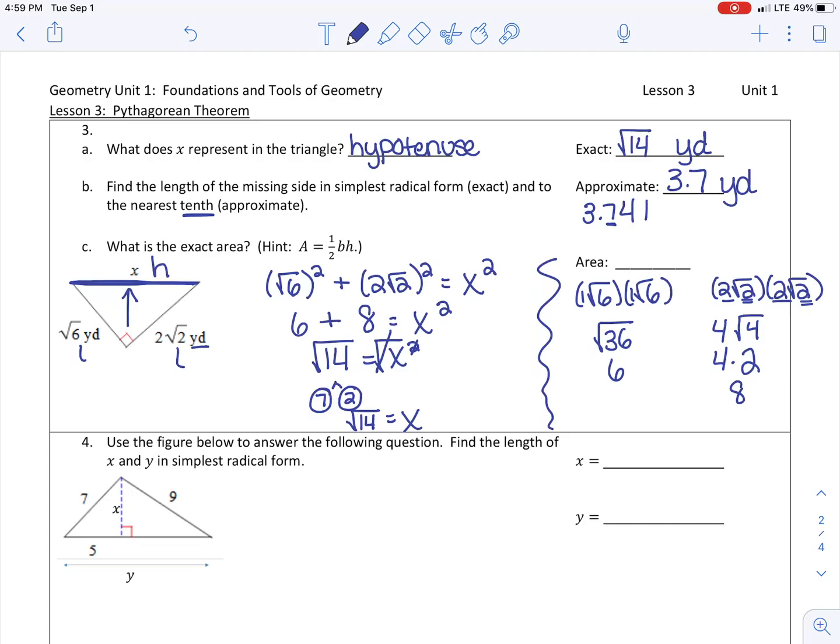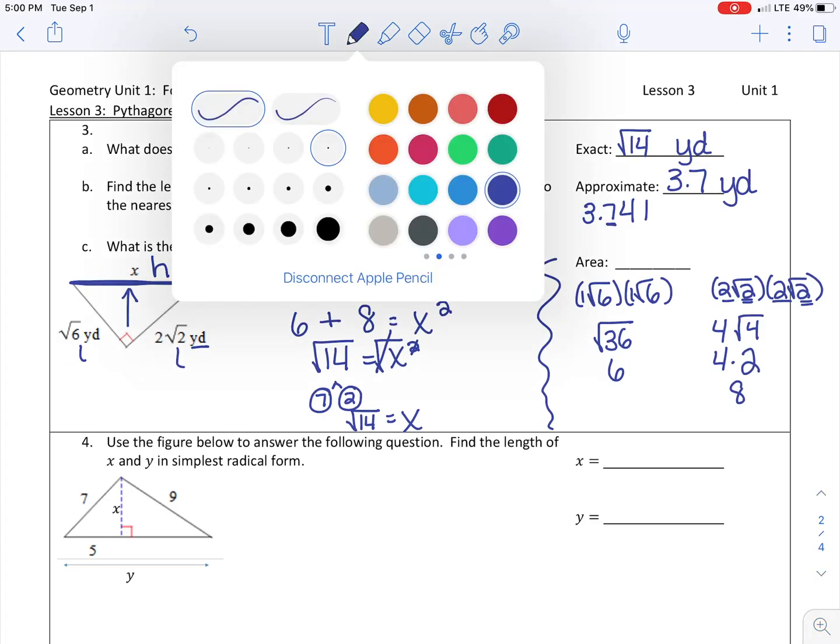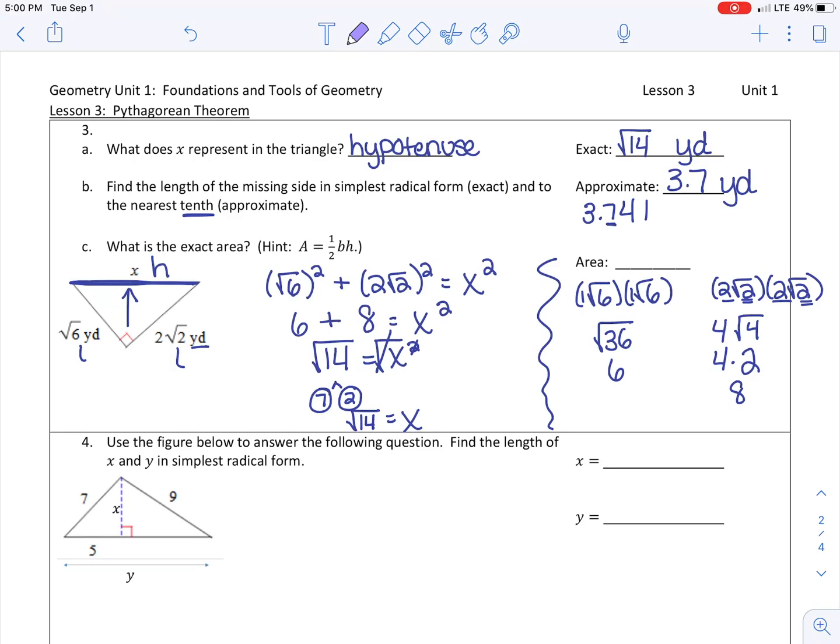Okay, now for part C, I'm going to do that in a different color. But I want to make sure, let's do it just right here. The area, it says find the exact area. So area equals 1/2 base times height. And the base and the height have to be perpendicular, which means that they have to form a 90-degree angle.